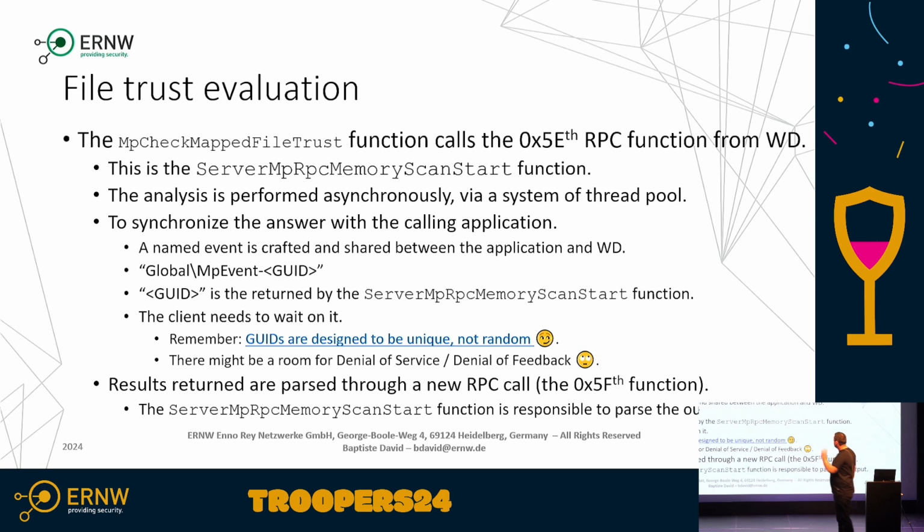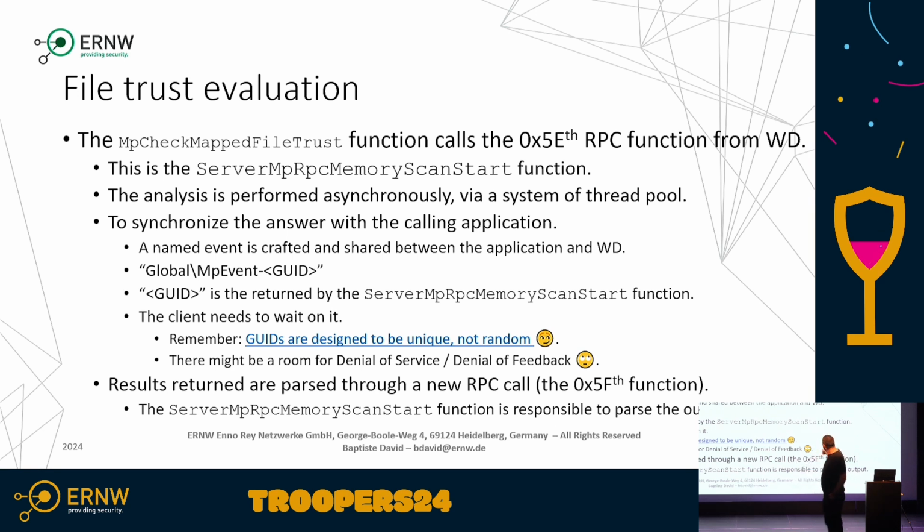Well, let's come back to the transition between the CryptCat service and Smart App Control within Windows Defender. We have that function, which is called mp-check-mapid-file-trust, which is going to call an RPC function from Windows Defender, given by numbers in hexadecimal. The function which is targeted is server mp RPC memory scan start. So you see, we have removed the notion of smart, we have removed the notion of locker, we have removed the notion of Defender.